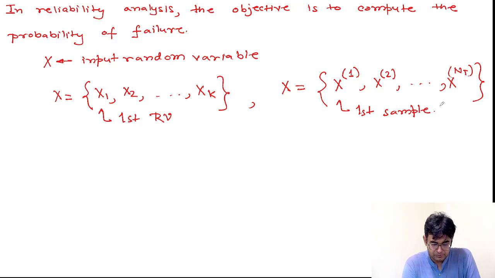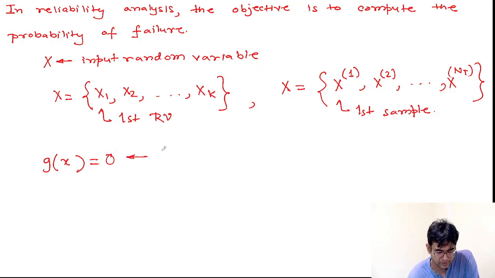We also define a function, the limit state function, which defines the boundary between the failure and the safe zone, and the limit state function we generally define as g of x equal to 0. So, this generally denotes my limit state.